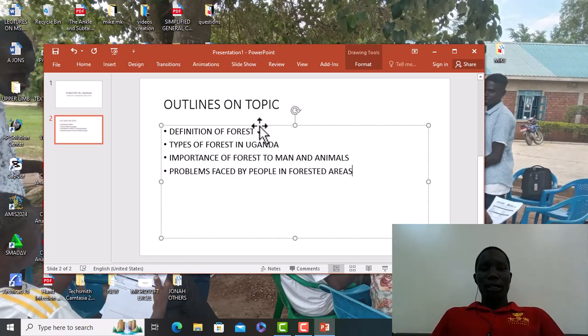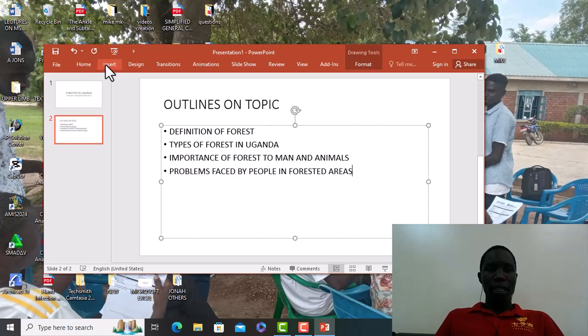So this means that the first slide will be having the definitions, that is the intro. Then you'll have another one talking on the types of forest in Uganda, with the examples, the importance of forest to man and animals, then the problems faced by people in forested areas.